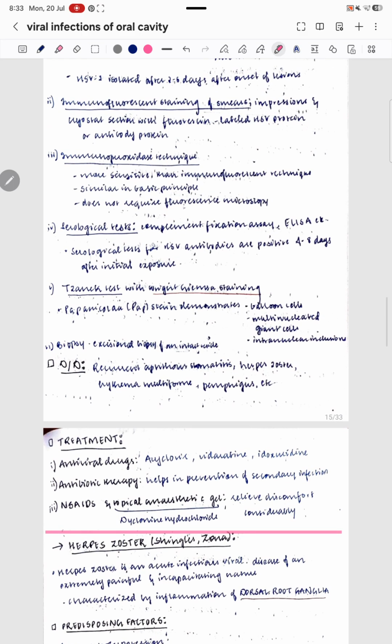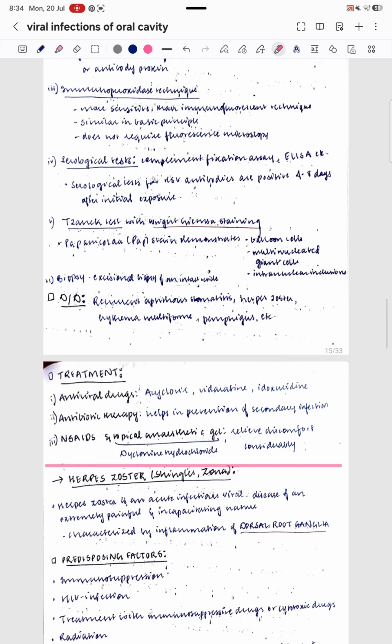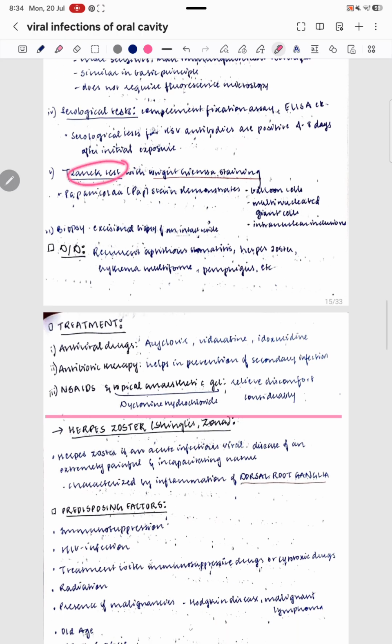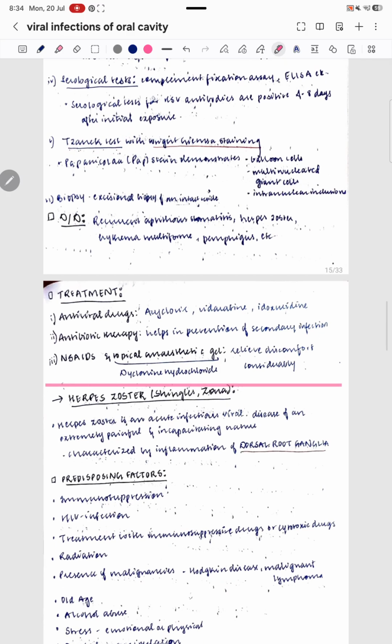That is about it. And then there is another similar technique, that is your immunoperoxidase technique, which is more sensitive than the immunofluorescent technique. Then coming to the serological tests, you can perform an ELISA or HSV antibody test. Okay. Then the Zank cell test is also a test of diagnosis, where you can check the balloon cells, multinucleated cells, and intranuclear inclusions.